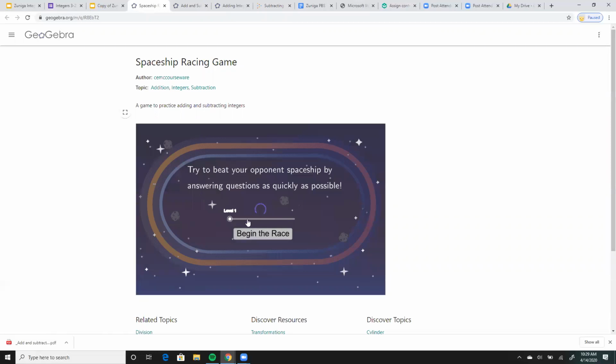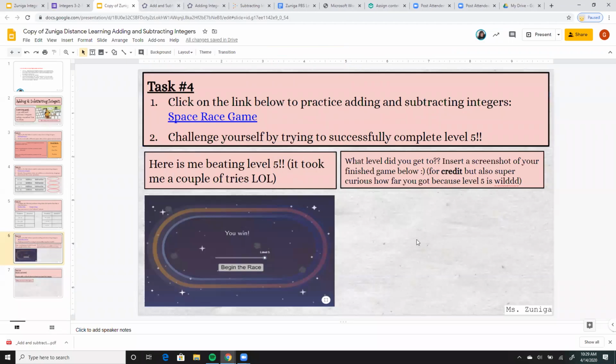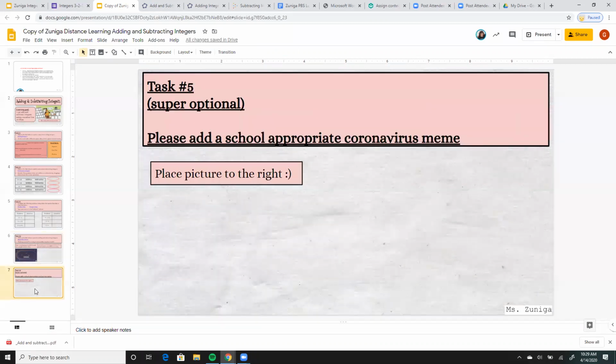You play, your spaceship moves, and you're trying to beat the other spaceship. You can change the levels. Level 5 is pretty hard. I want you to give me a screenshot right here of the end of your game, any level that you want. And then, of course, super optional: y'all saw my meme. If you want to put a meme right here, I would really appreciate that, because I like memes. But make sure it's school appropriate.